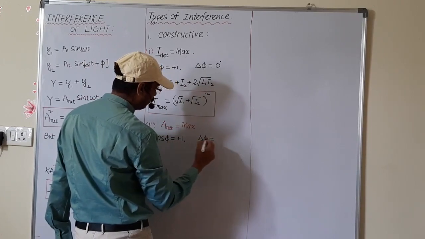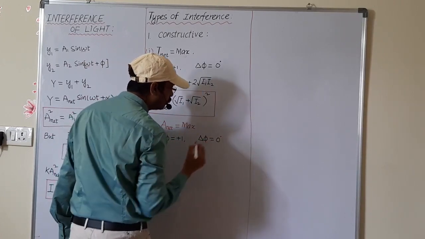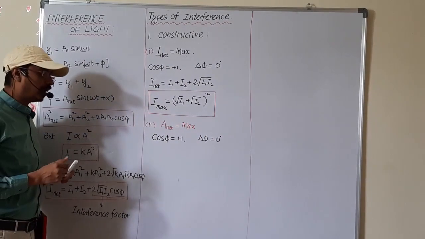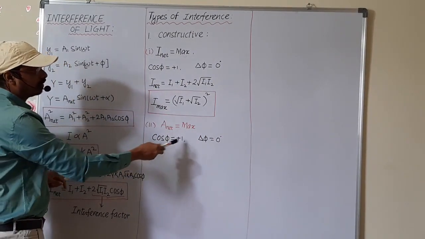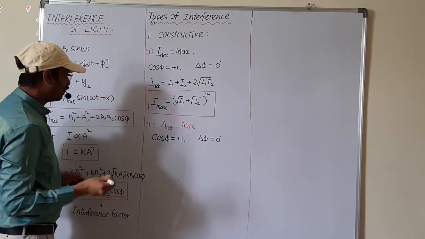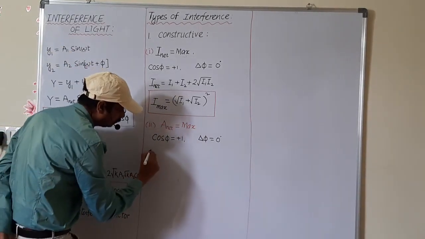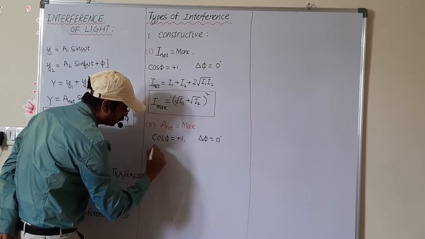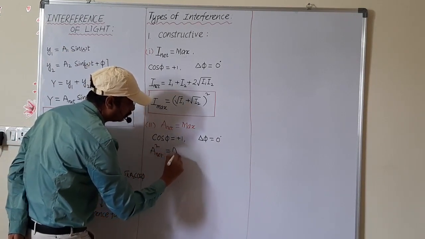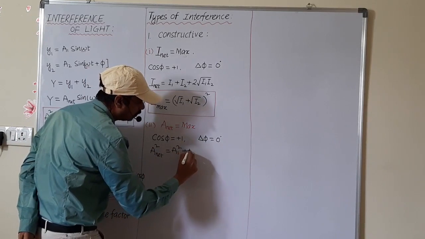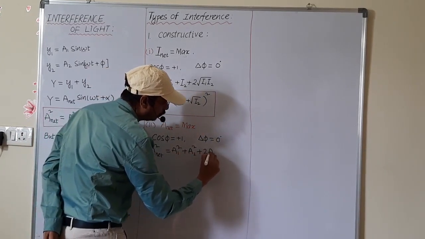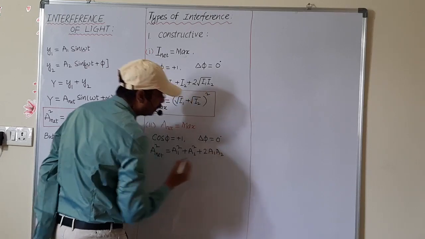or delta phi, the phase difference, value is 0 degree. Whenever the cos phi value is 1, that is theta value is 0, then we can write the above equation: A net square is equals to A1 square plus A2 square plus 2 A1 A2.